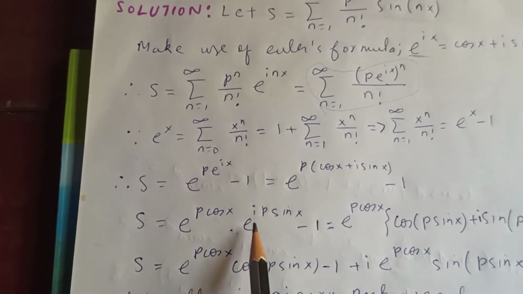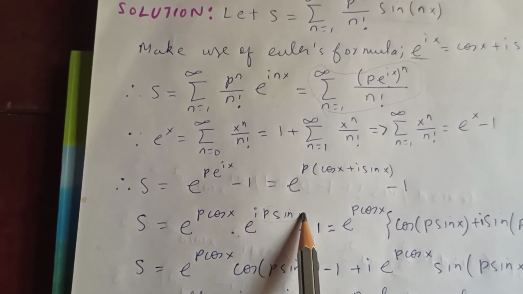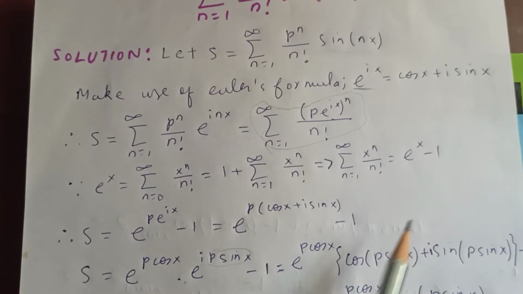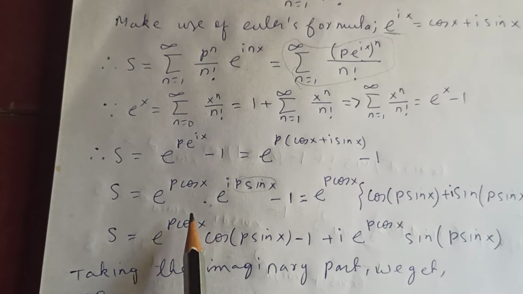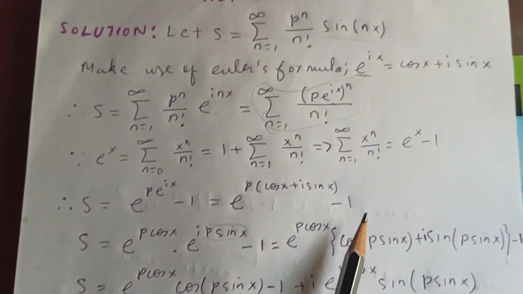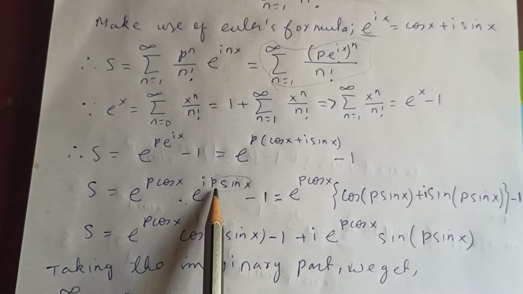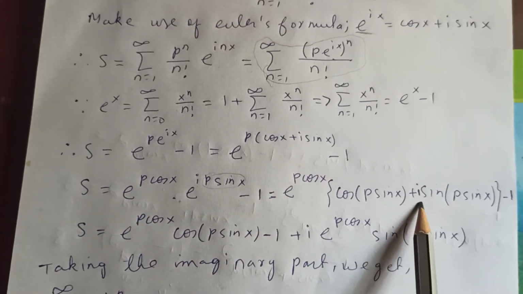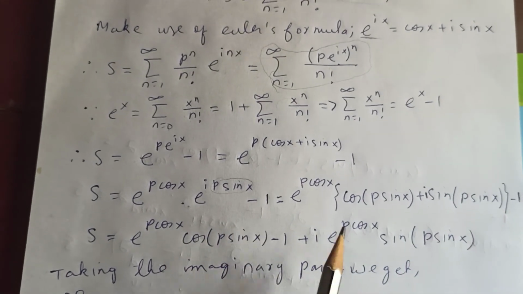For this part, e to the i times p sin x, we have to apply the formula again. So e to the p cos x common, and for this part cos of p sin x plus i sin of p sin x, and minus 1 is here.